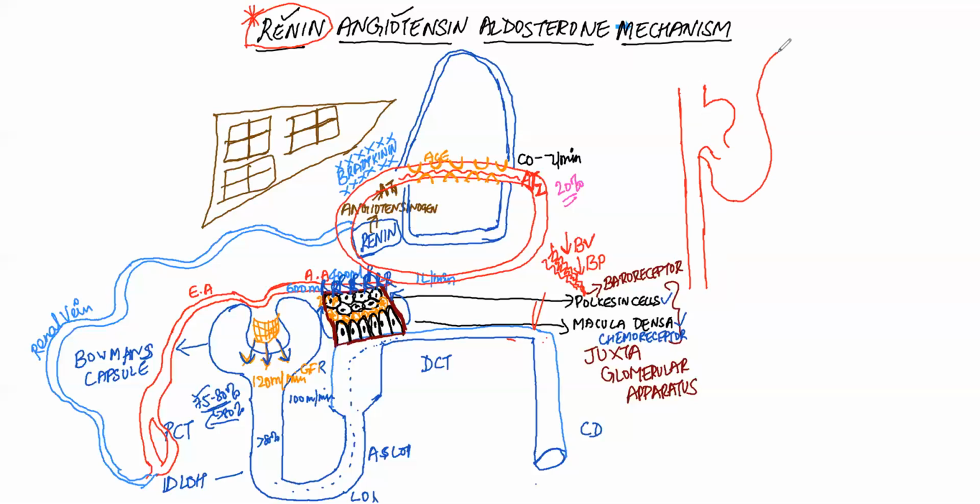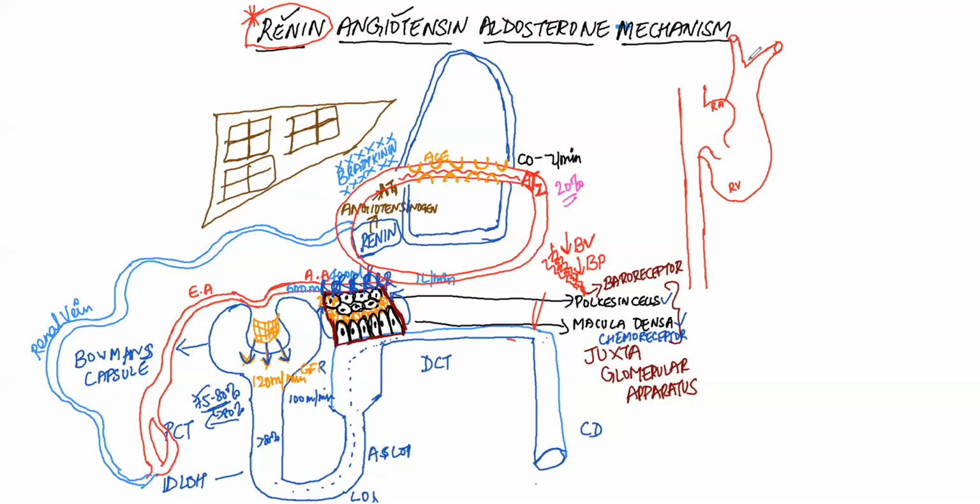This right ventricle has the opening of the pulmonary artery. So this is your right auricle, this is your right ventricle, this is the opening, and this is the pulmonary trunk, dividing into right and left.